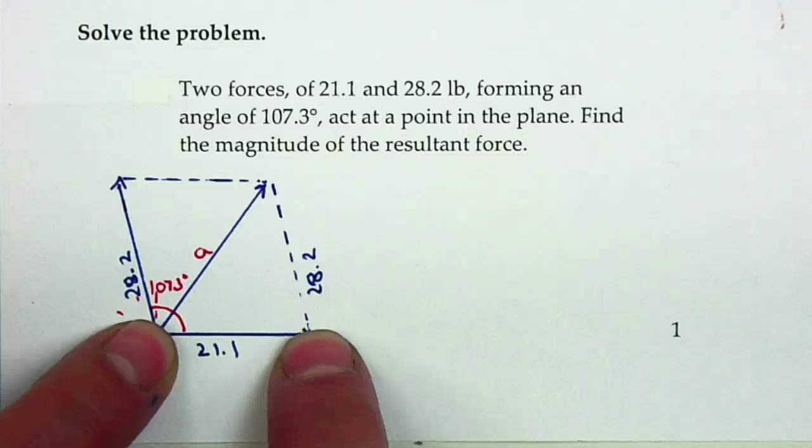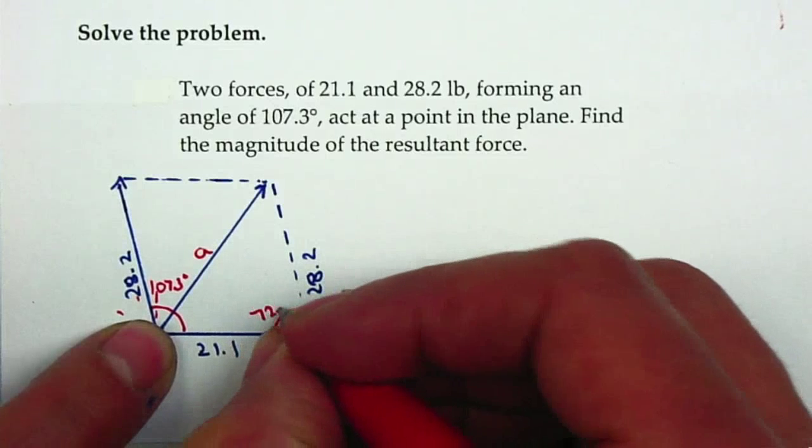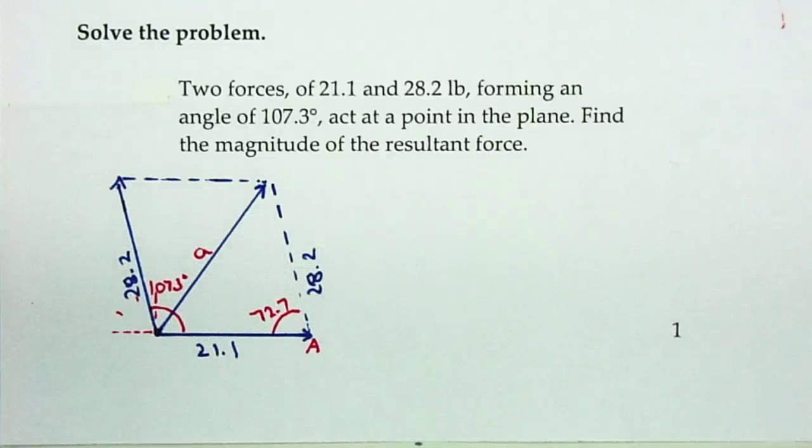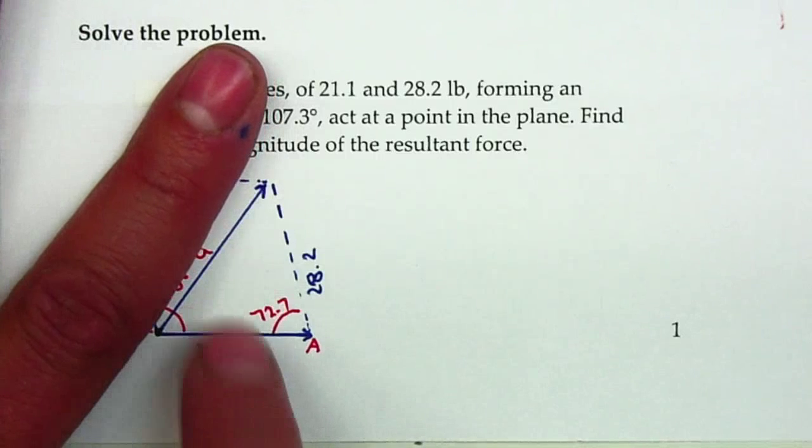If I subtract from 180 degrees, that will give me 72.7. And now I can concentrate my efforts on this triangle.